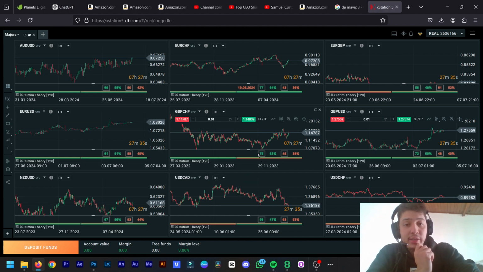And basically, as you can see here, I have 75 green candles and 45 red candles from the last 120 candles. What I try to do here is bet on the balance, or the equilibrium, of the chart.